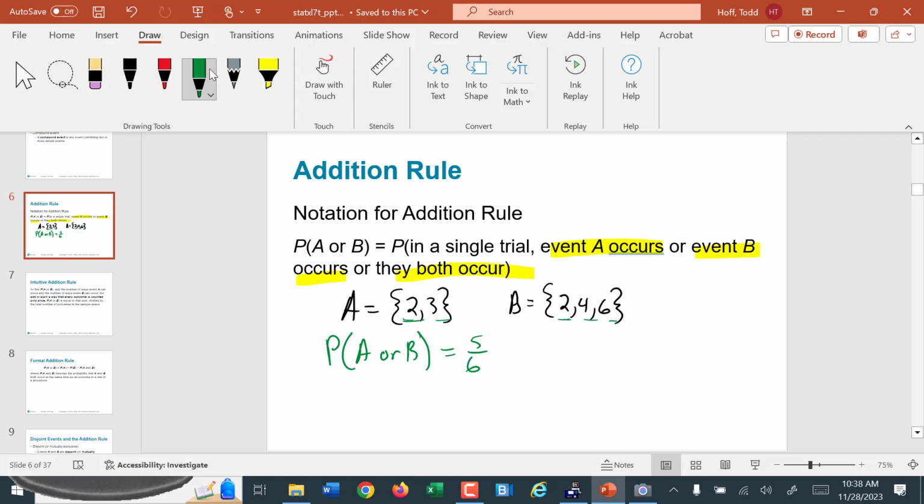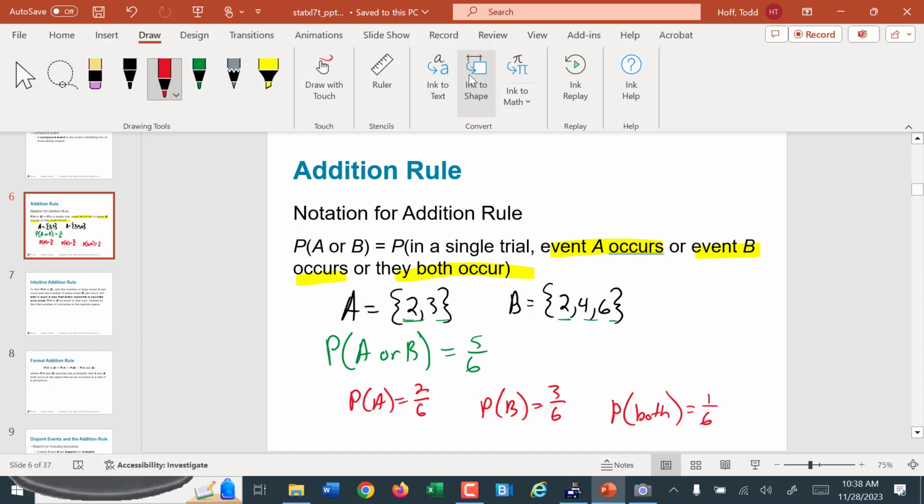We could go through the addition rule process as we go through these. Probability of event A is 2 out of 6. Probability of satisfying event B on that roll is 3 out of 6. Probability of both is 1 out of 6. That would be the 2.